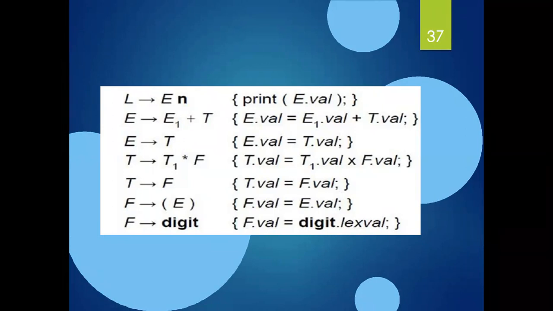That means during the evaluation of the attributes, we are writing the semantic action enclosed with braces. Previously, in synthesized and inherited attributes, we didn't represent braces.